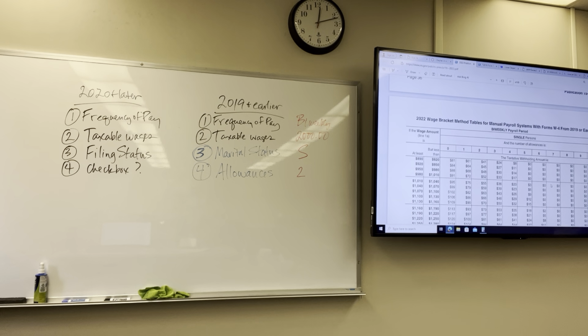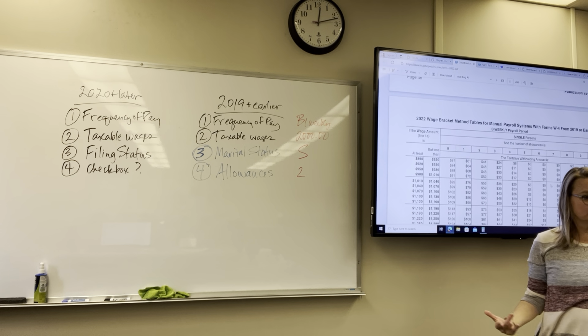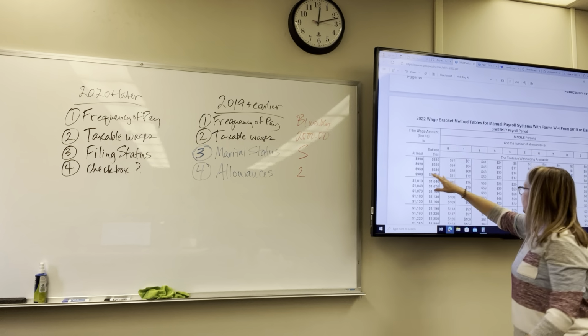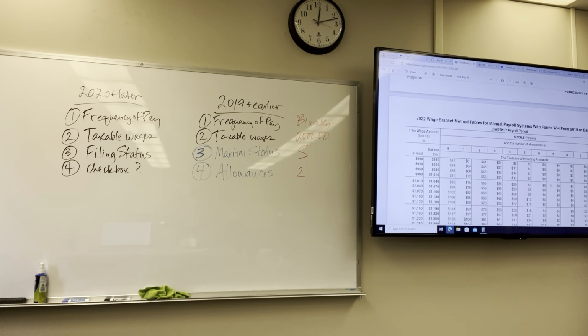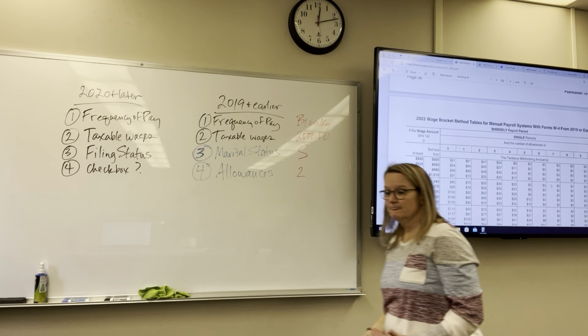If they have more than 10 allowances, you've got to use the percentage method to do the calculation. Okay? If their income falls off of the table, you've got to use the percentage method to do the calculation. So if you don't have enough columns, or you don't have enough rows, you've got to use the percentage method to do the calculation.